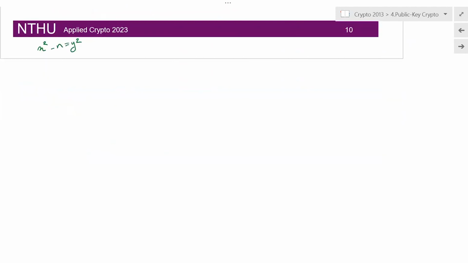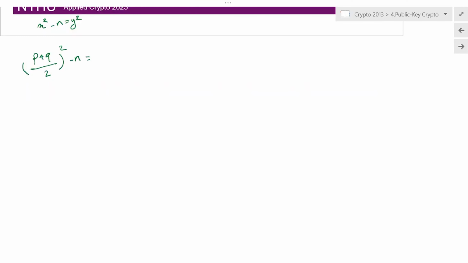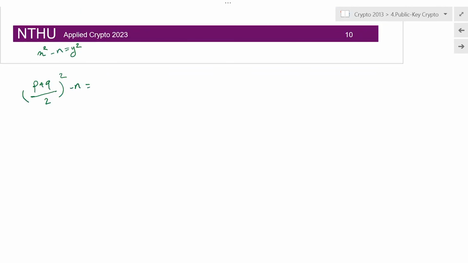If I happen to have P and Q, then I can say that (P plus Q divided by 2) to the power 2 minus n. Let me expand this formula. So far, I don't have a knowledge of P and Q, but supposedly we know P and Q. Let's see what we can do with it, and then we see what heuristic algorithm we can develop to extract this P and Q.